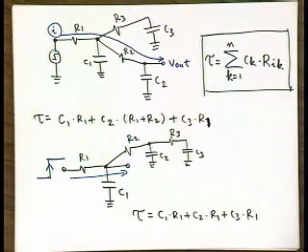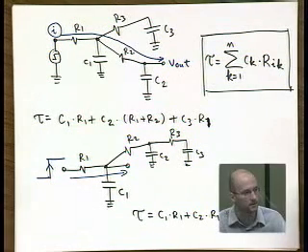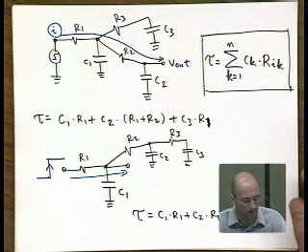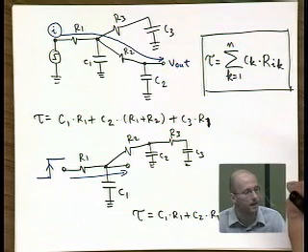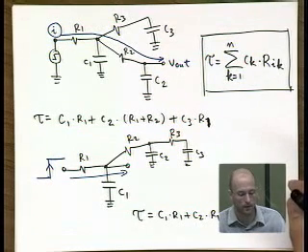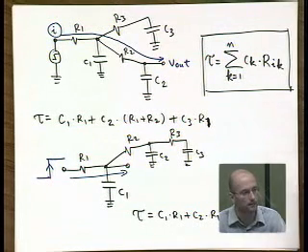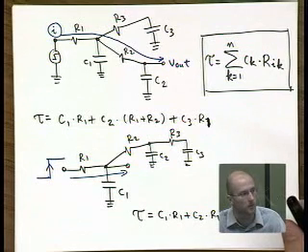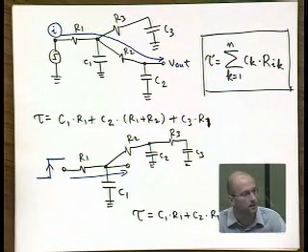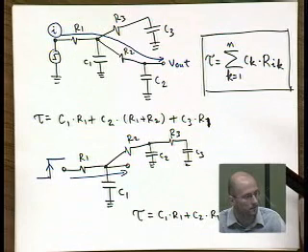Another one. So the question is, is there any specific assumption about the relative values of resistances and capacitances for this formula to hold? That's a really good question. This is, as I said, just an approximation, but it is valid and pretty accurate in cases where you have the same order of magnitude, about a factor of 10 difference between R's and C's in this particular network.